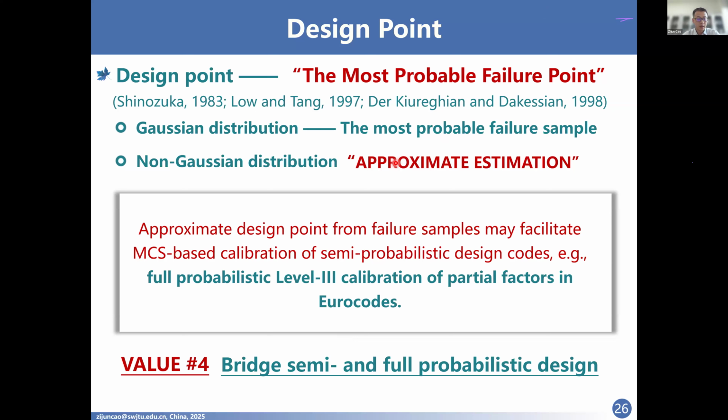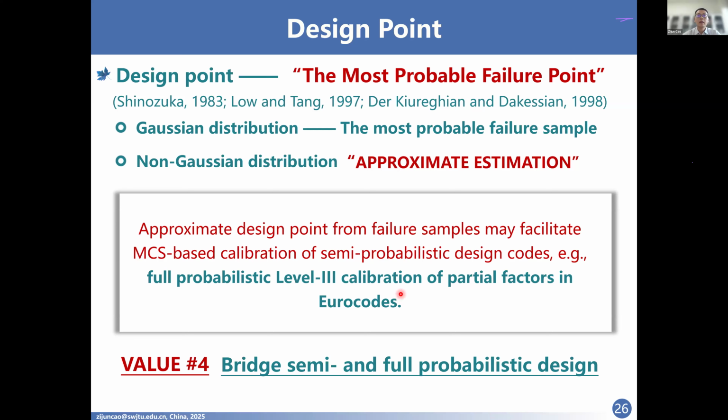Despite this, the approximate design point from failure samples still has value in facilitating Monte Carlo simulation-based calibration of the RBD codes. The value bridges semi-probabilistic and full probabilistic design. For example, it can be applied for level 3 calibration of partial factors in Eurocode.